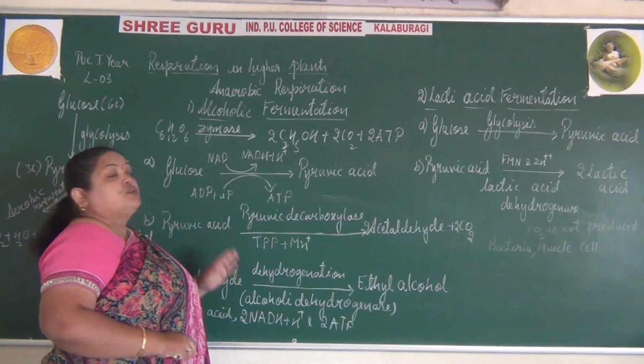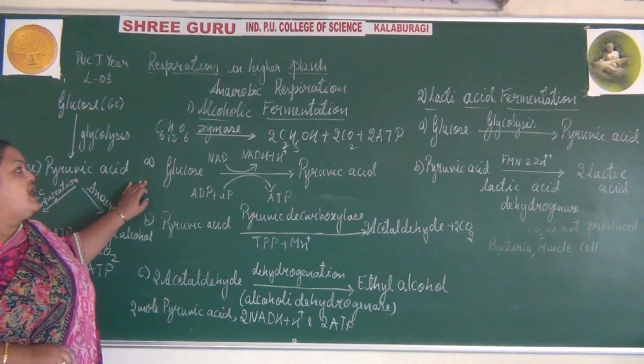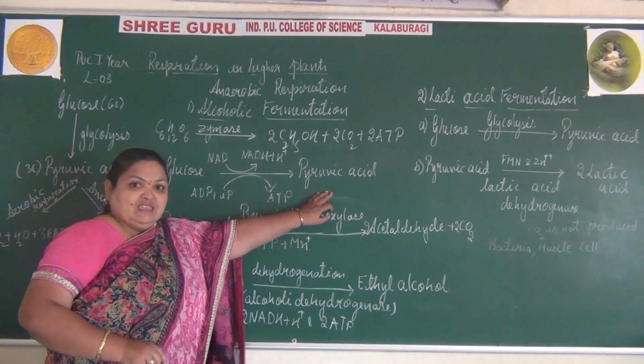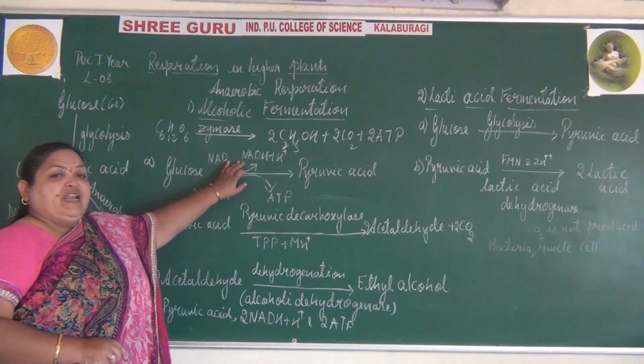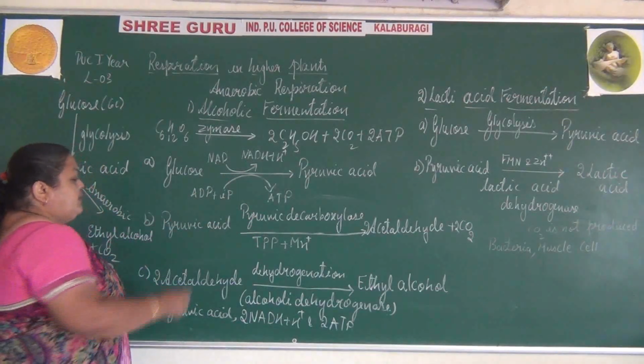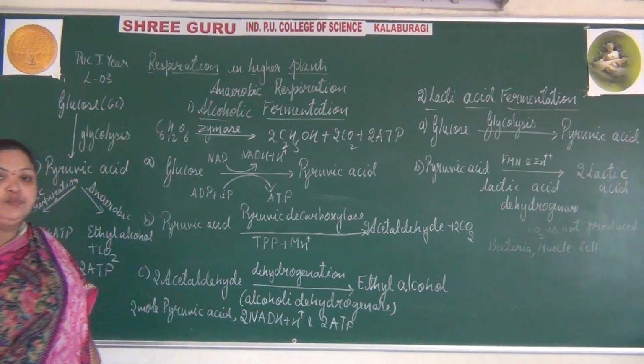So in the first step of alcoholic fermentation, the glucose undergoes glycolysis to form pyruvic acid with the formation of NADH2 and ATP molecules. Then the pyruvic acid undergoes the decarboxylation process.